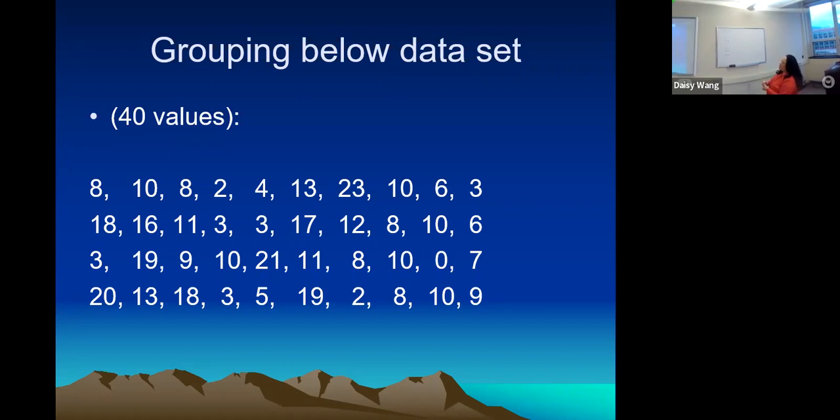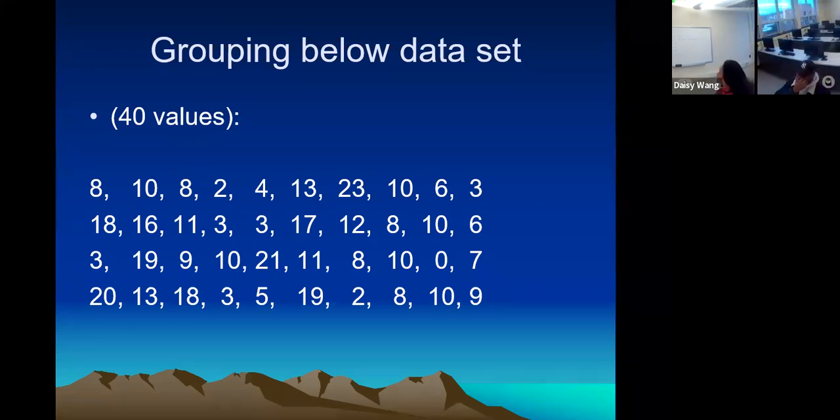For 1 to 4, we will have 2, 2, and then 3, 3, and 4. Then 5 to 8. I think we have a 0 in there too.